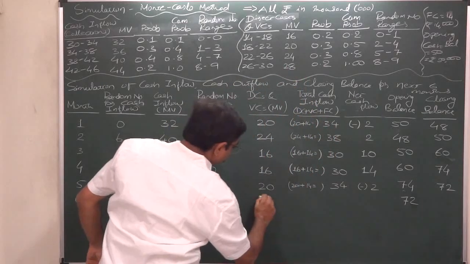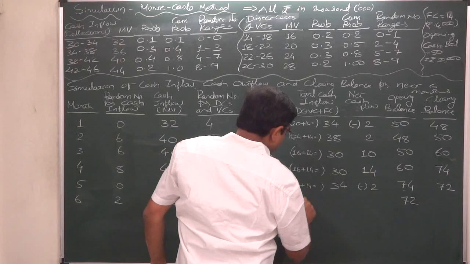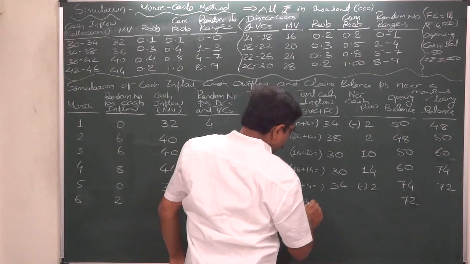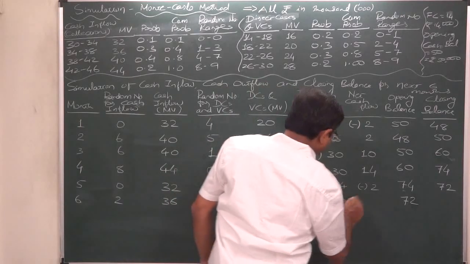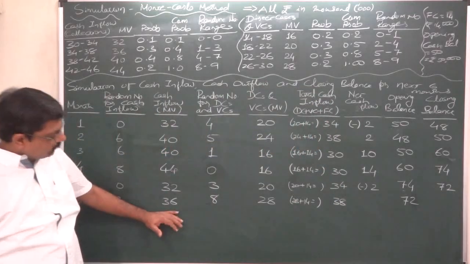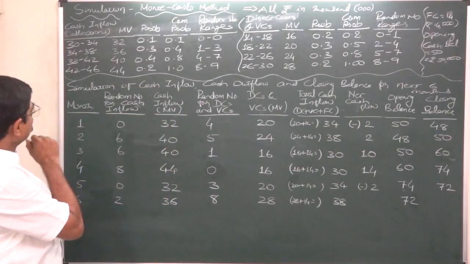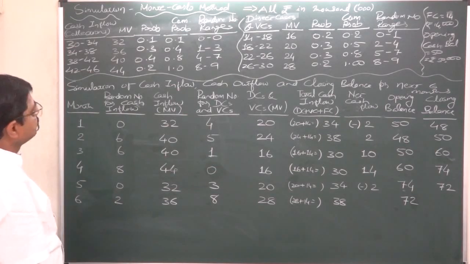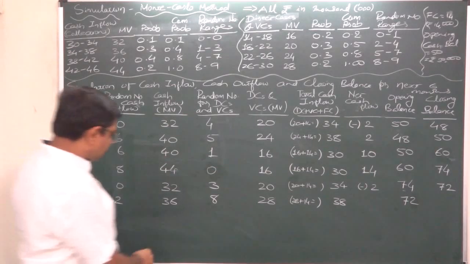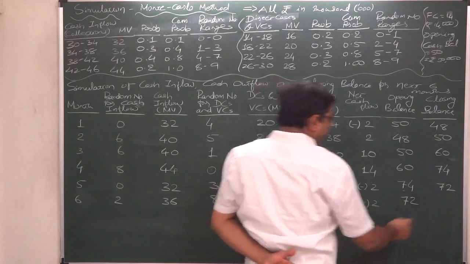That means it can be taken as 28,000. 28,000 direct and variable cost plus 14,000 fixed cost. So total cash outflow comes to 38,000 against total cash inflow of 36,000. So it is again minus 2.